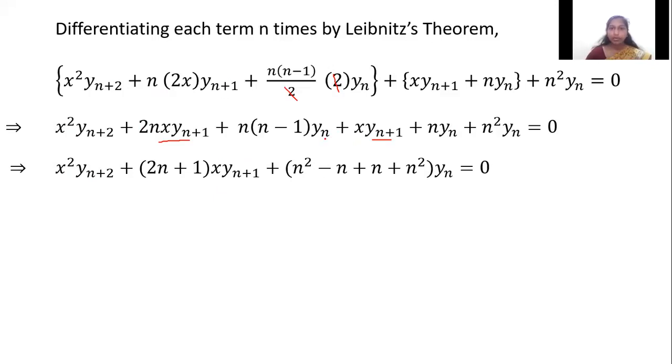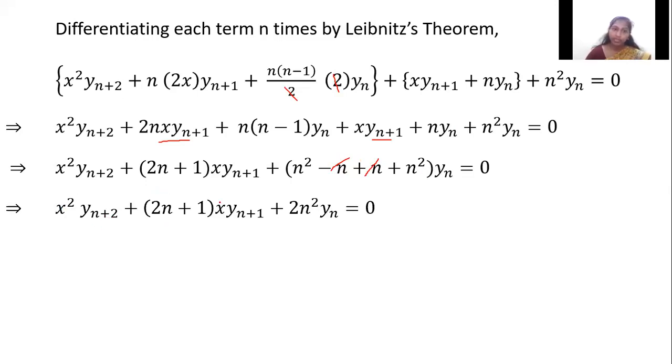Now bringing all the y n terms together, we get n square minus n plus n square, and minus n and plus n get cancelled. n square plus n square is 2n square. So we get x square y n plus 2 plus 2n plus 1 x y n plus 1 plus 2n square y n equal to 0, and we have got the result.